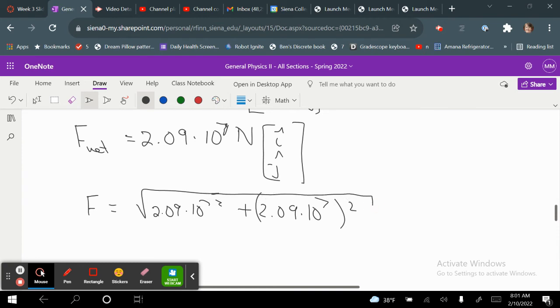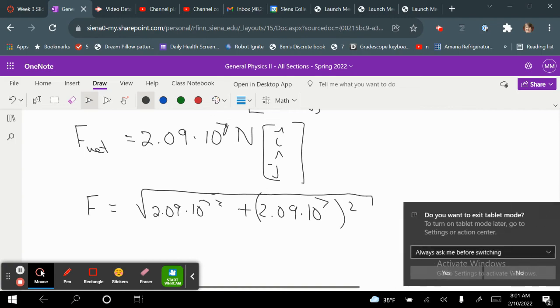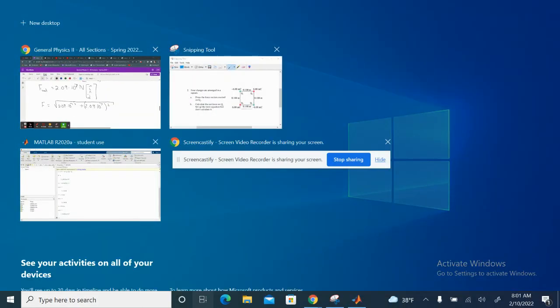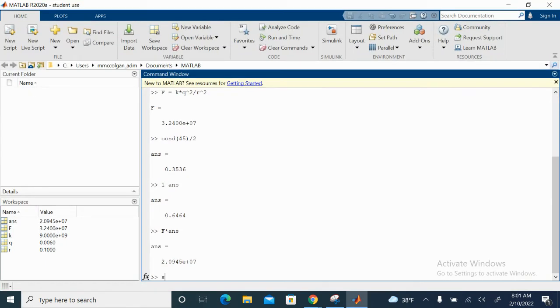So I'm going to have the square root of 2 times my answer squared. 2.96 times 10 to the 7th.